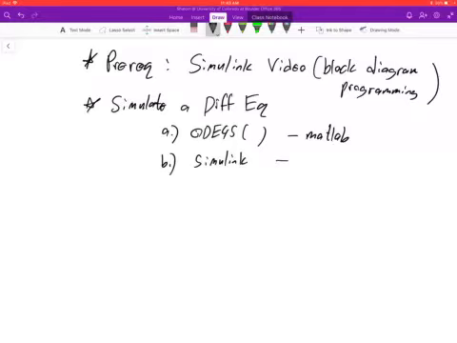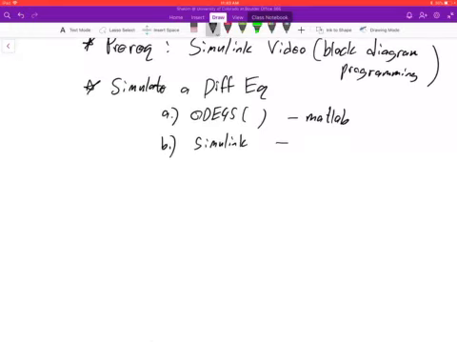That said, I want to talk about how to turn a differential equation into a form that you can then use blocks to create. So first of all, we're given a differential equation.